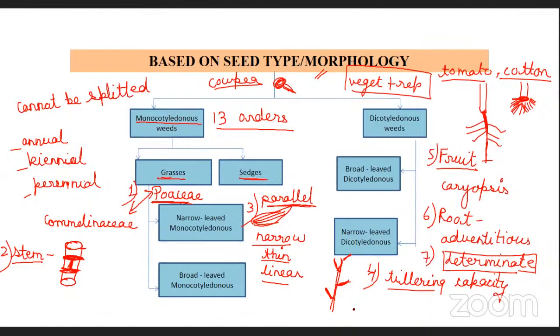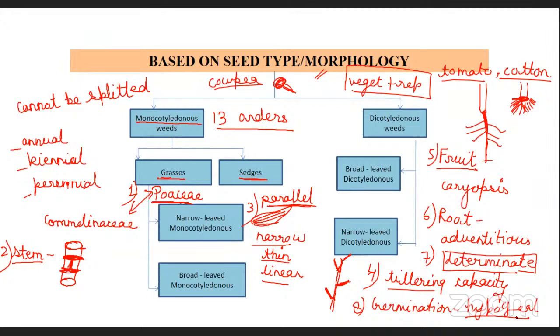And if we talk about germination, can anyone tell me which type of germination usually occurs in grasses? I'm telling you, hypogeal germination is usually not confirmed or fixed, but in most cases hypogeal germination is there in the grasses. What is the difference between hypogeal germination and epigeal germination?